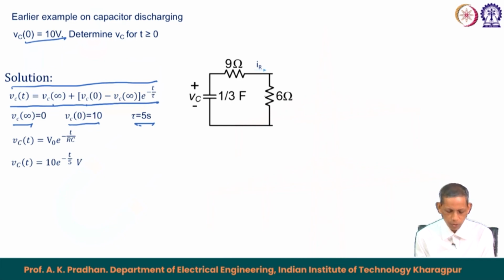Substituting the values, we get 10 minus 0 e to the minus t by tau, that is 10 e to the minus t by 5 volt. So the same relation we got by applying this relation also.